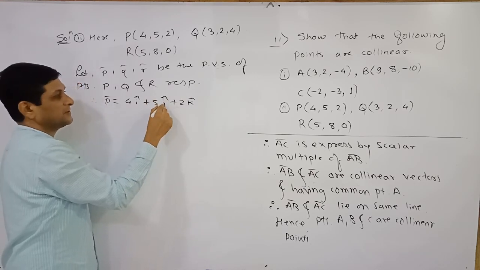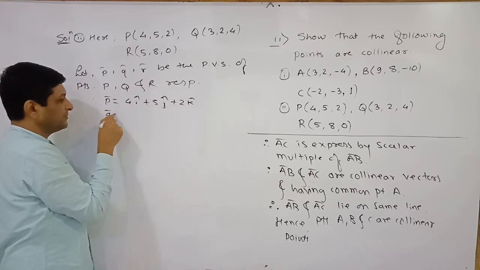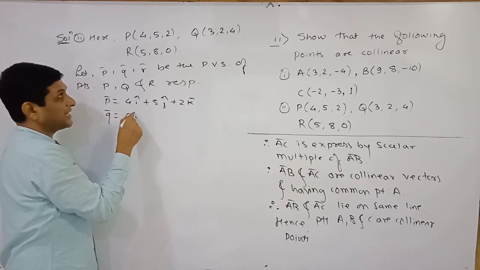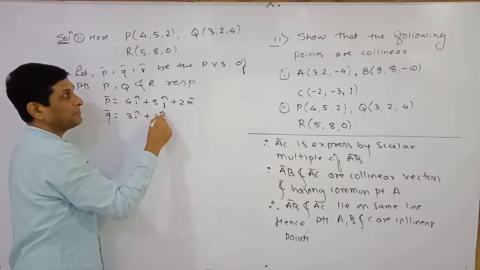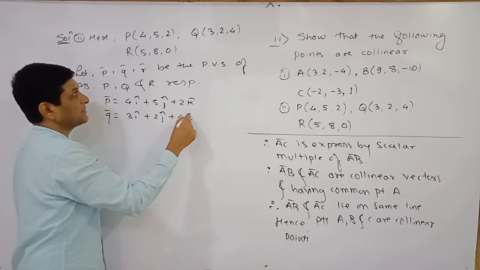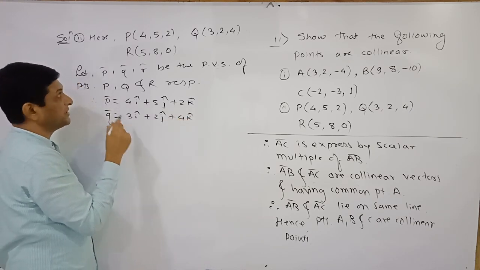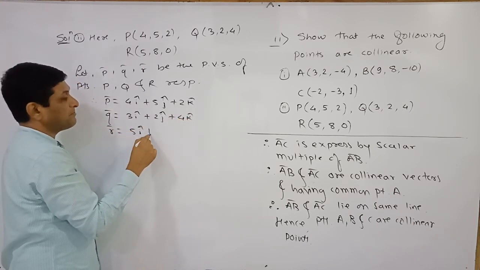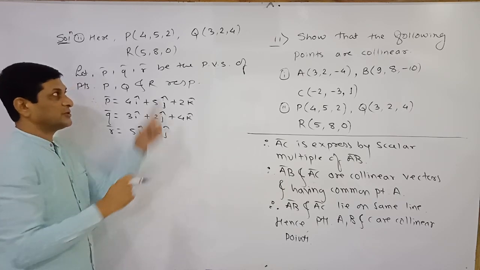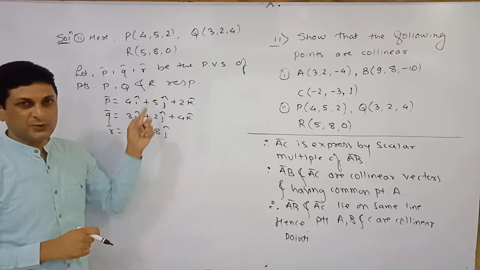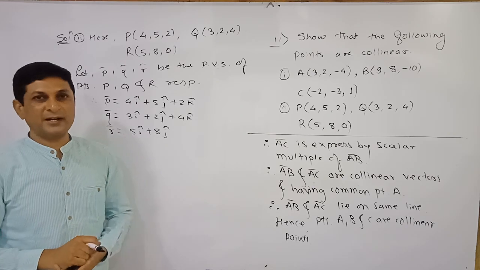Okay. So now value of Q bar will be equal to 3i cap plus 2j cap plus 4k cap, and value of R bar will be equal to 5i cap plus 8j cap plus 0k cap. The values of these position vectors we have got from the coordinates of these points.